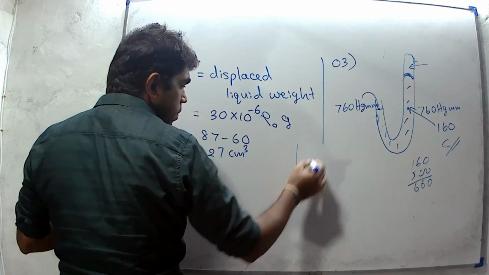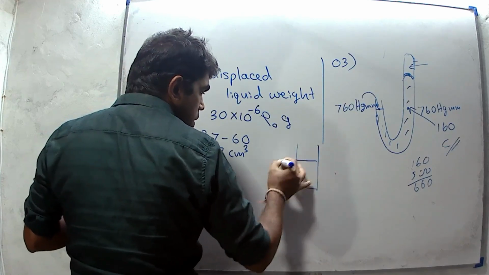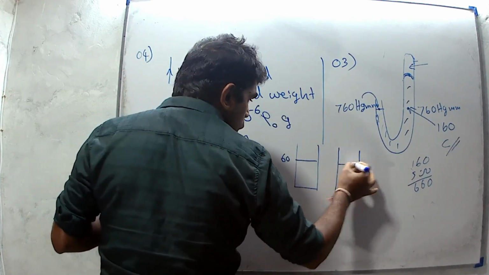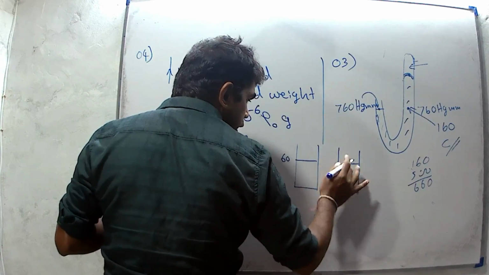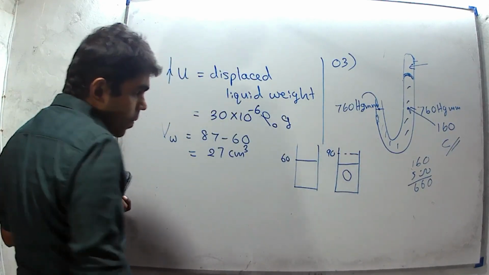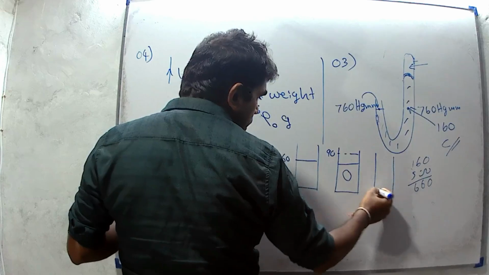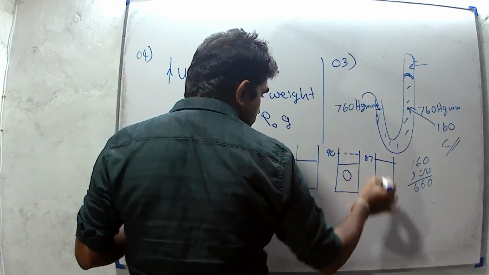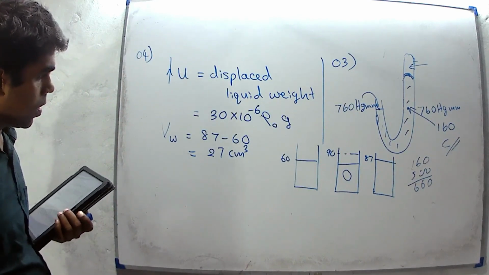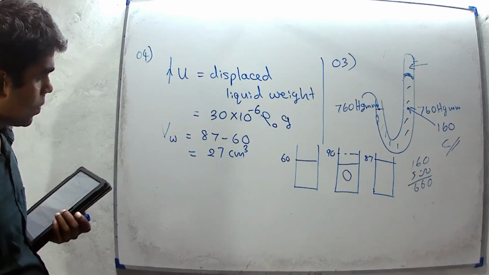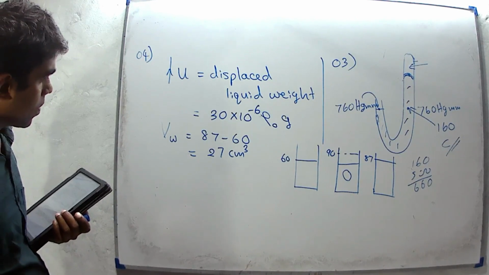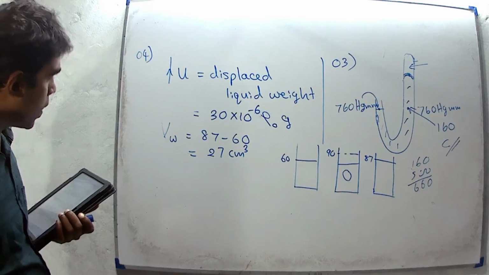For the first situation, reading is 60. When ice cube is immersed in oil, reading is given as 90. When ice is melted, new reading is 87. We have to find the relative density of ice.